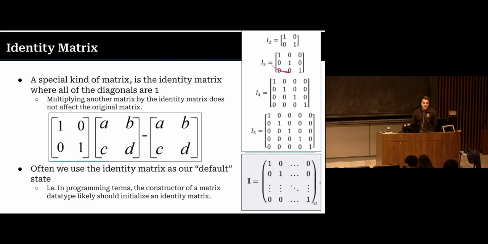If I do my matrix multiplication and I end up taking dot products where I'm multiplying a bunch of things by 1 and zeroing out some terms, it's going to leave it unchanged. So that's the idea with the identity. From a programming standpoint, this is probably what you want your constructor to initialize, 1s along the diagonal of your matrix. That's our identity matrix, the default.